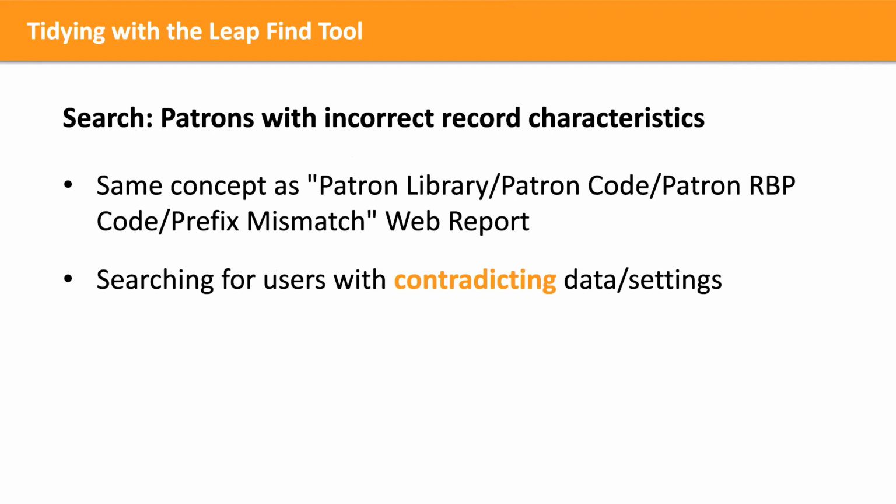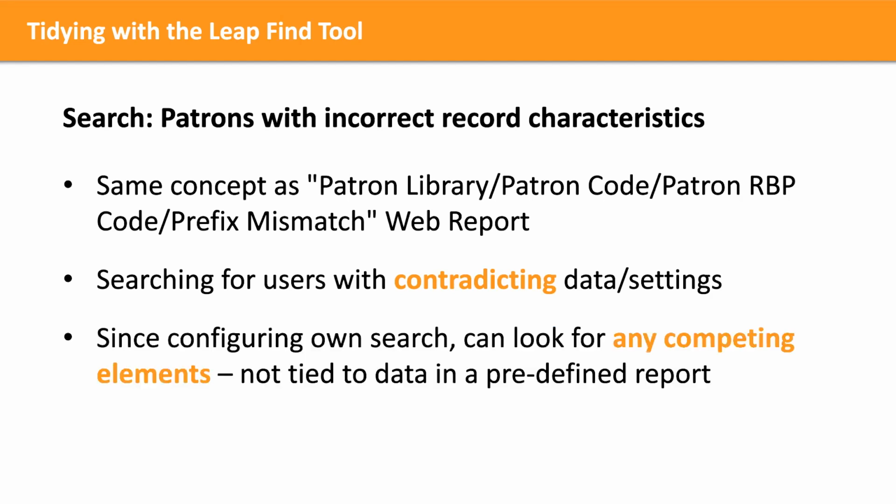So an incorrect registered at branch or patron code assigned. And we can easily look at the same thing in the Leapfine tool. And with this method, we can target any area of our patron characteristics. Since we're setting up a search on our own, instead of using the predefined terms in a report, we can basically look for any contradicting information we want to.